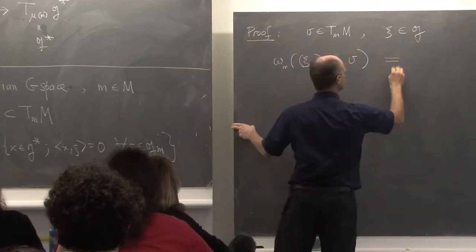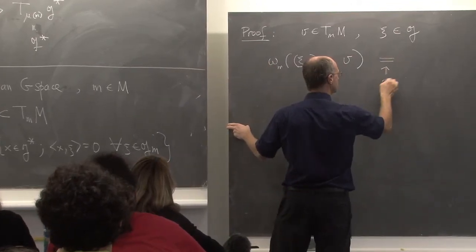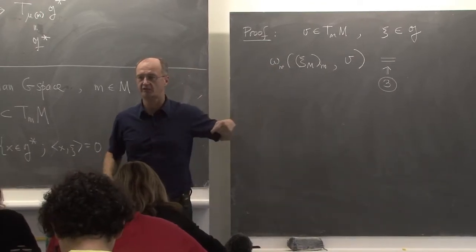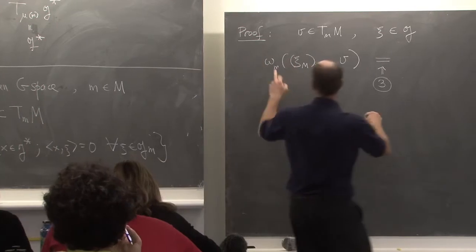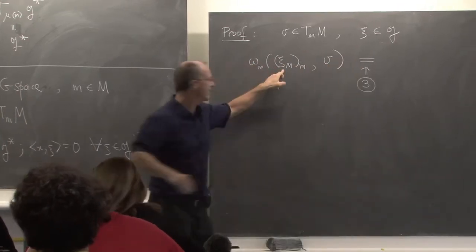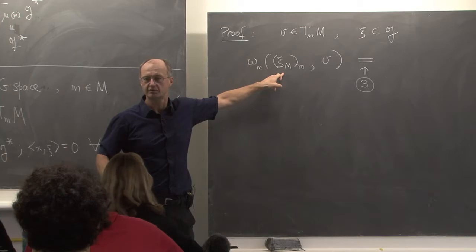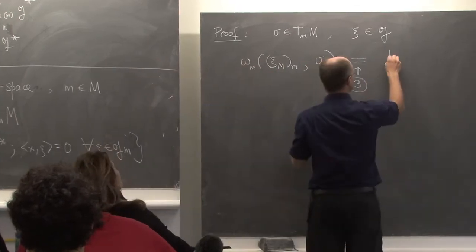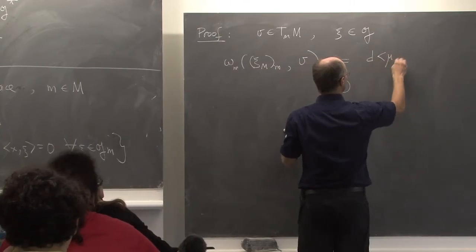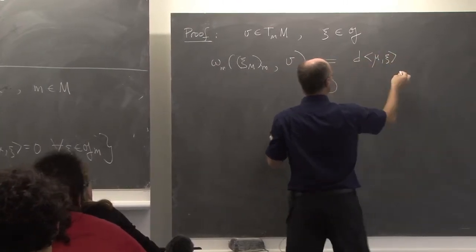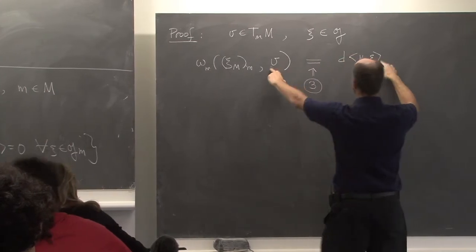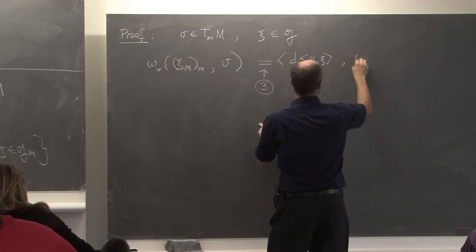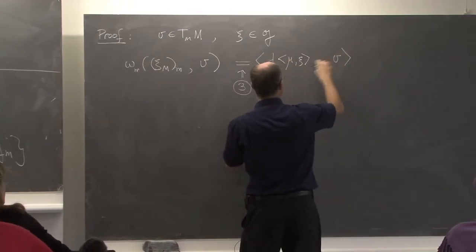Now, by condition 3 that I no longer have on the blackboard, but you have probably in your notes, omega evaluated on the fundamental vector field, so that's the differential of mu psi. So that's a one form which is now evaluated on the vector v.